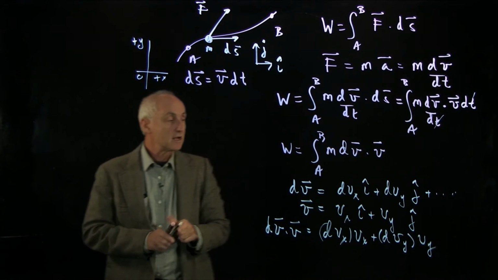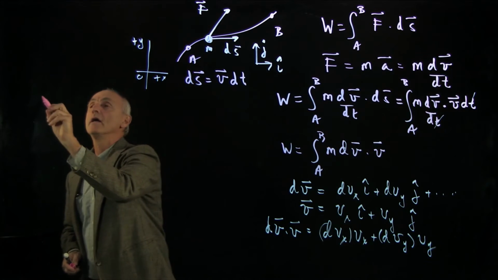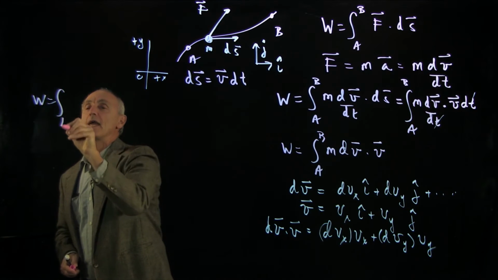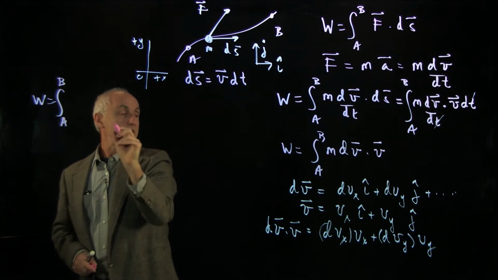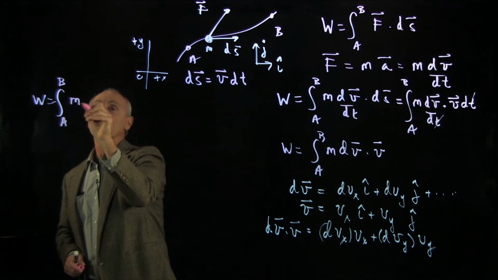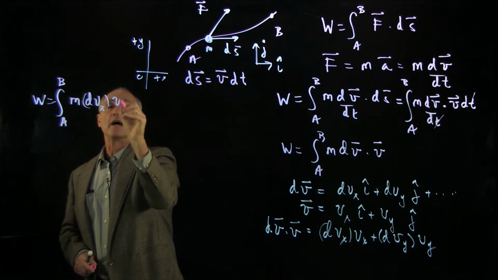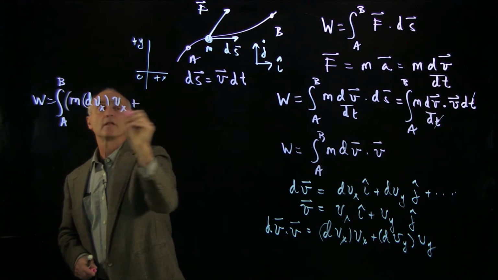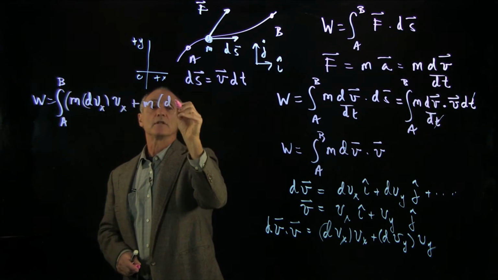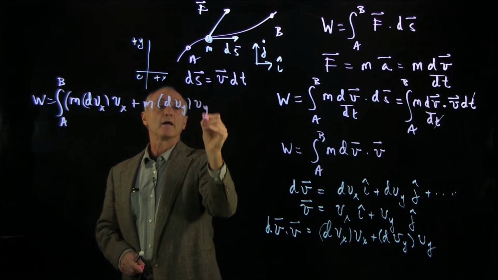And so now our work integral from A to B is equal to the mass times dvx vx plus the mass times dvy vy.